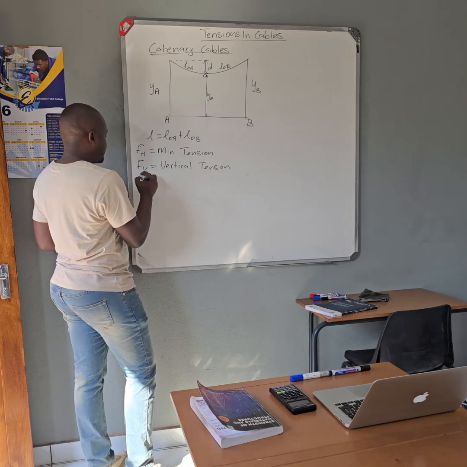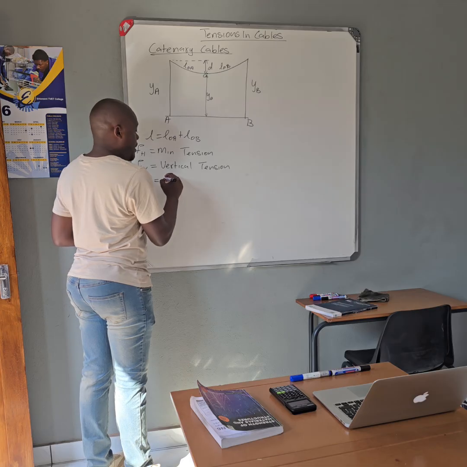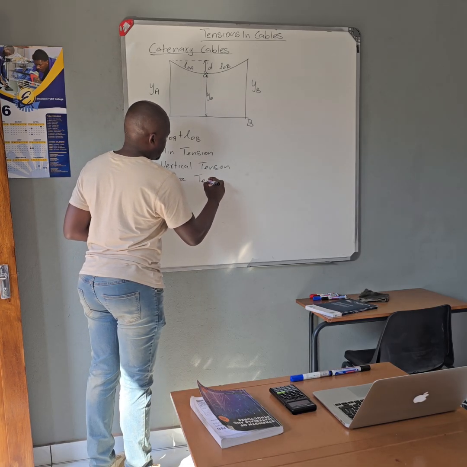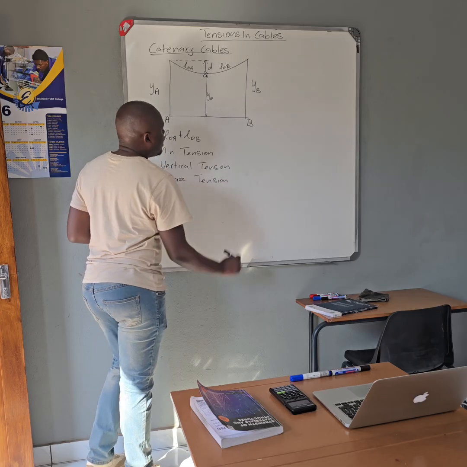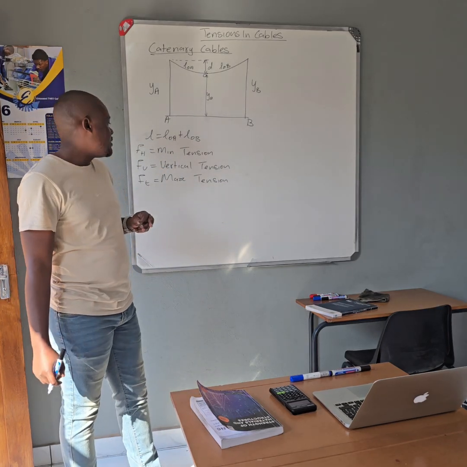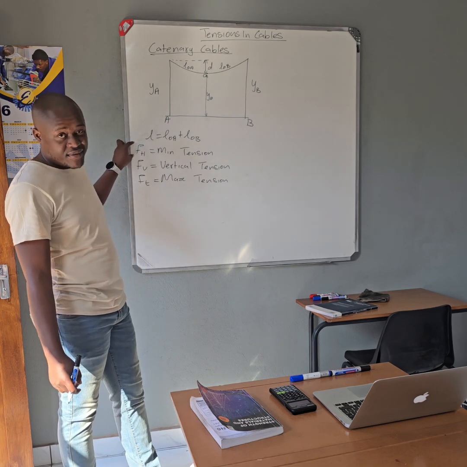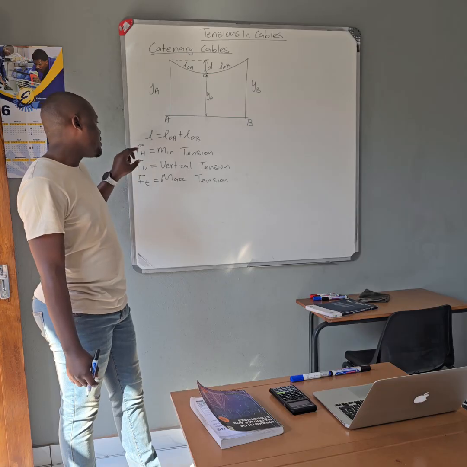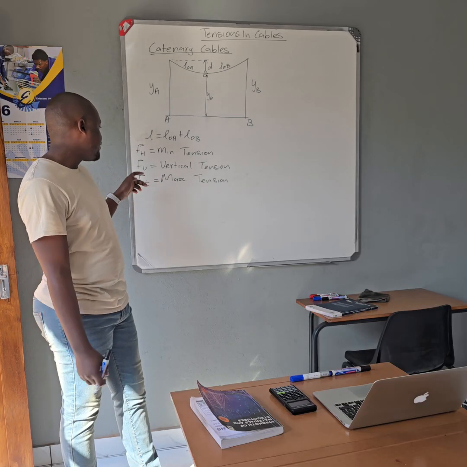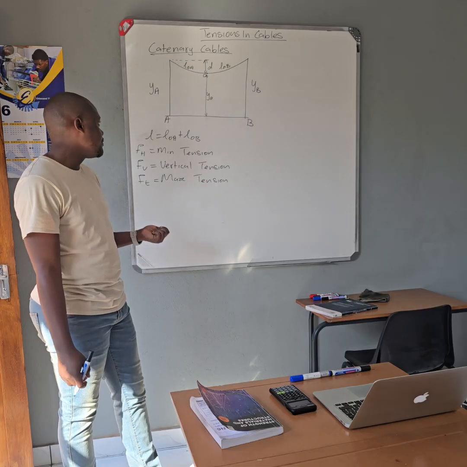The last one is FT, which is our maximum tension. When they say calculate the minimum tension, they mean calculate FH. When they say calculate the vertical tension, you calculate FV. When they say calculate the maximum tension, you calculate FT.